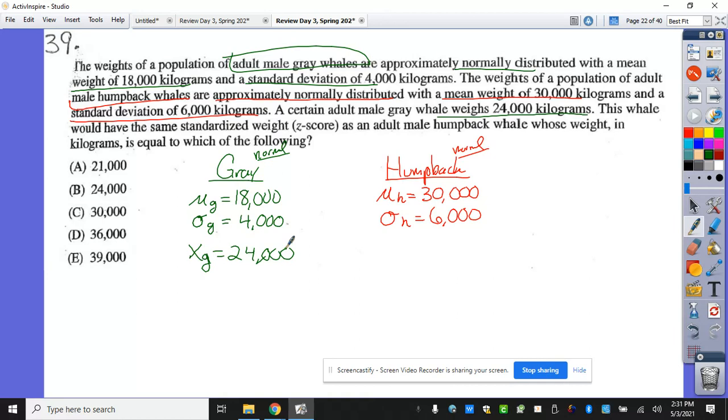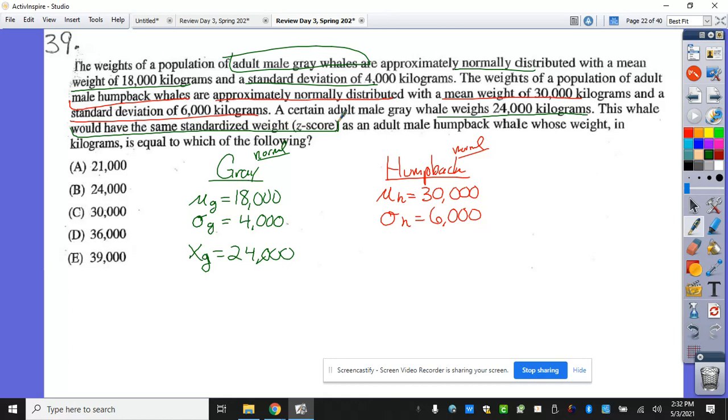It would be fine if it said a gray male of 24,000 would be the percent of gray males that were under this amount would be under the same amount for what in a humpback male, and not explicitly tell you that. I think that's giving you too much information.